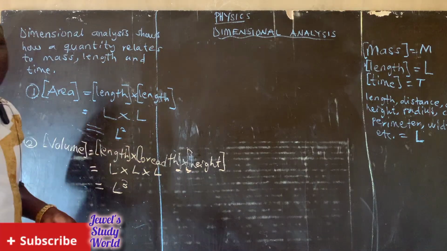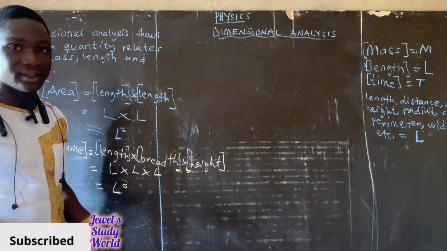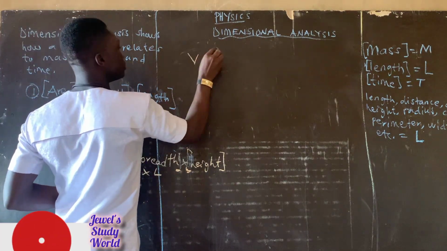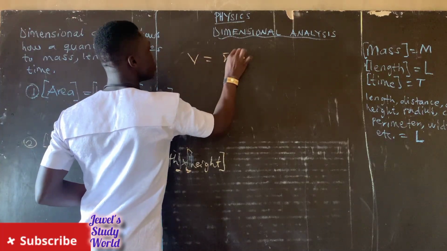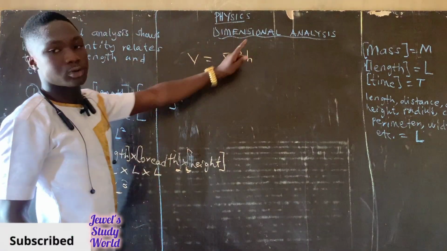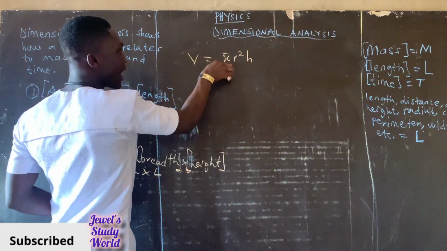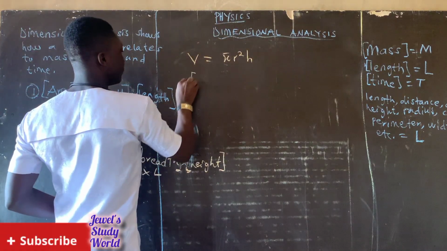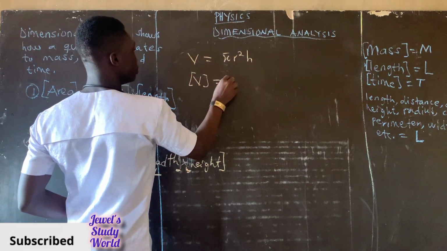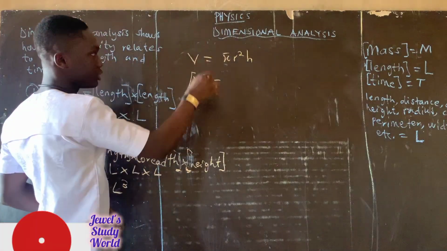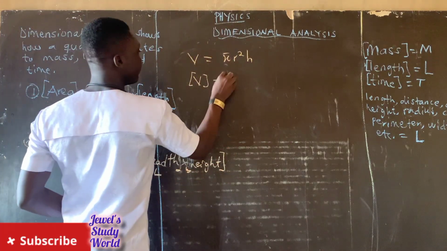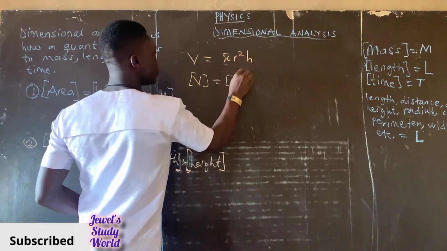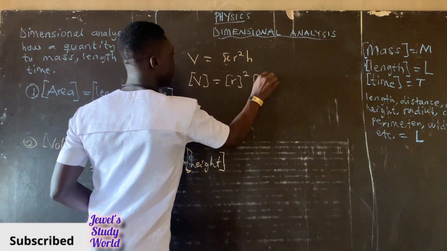Let's say you choose the volume of a cylinder. Volume is equal to pi r squared h. Pi here is also dimensionless. Pi has no dimension, so the pi becomes eliminated. So you have the dimension of r, squared, then the dimension of h.